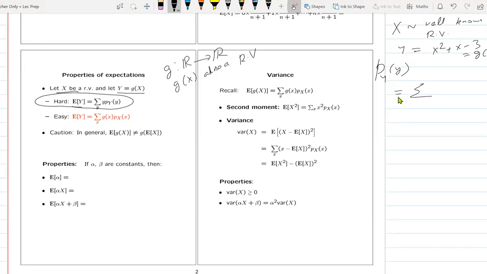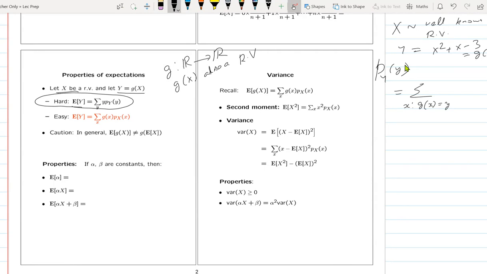But what Mahak said was also correct in some sense. We will come to that at a later point. So you look at all the values of x for which g of x is equal to this particular small y. If the random variable x took any of those particular values, my random variable y would be equal to the small y. Do you agree?